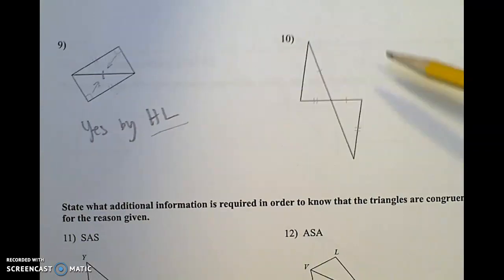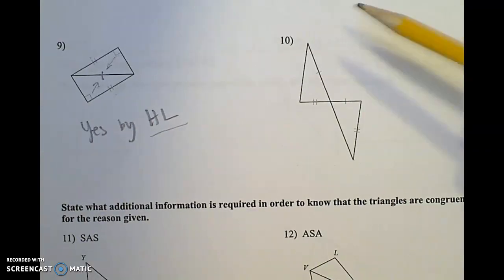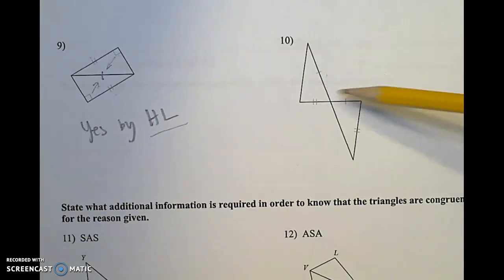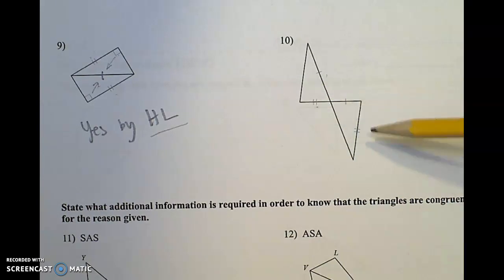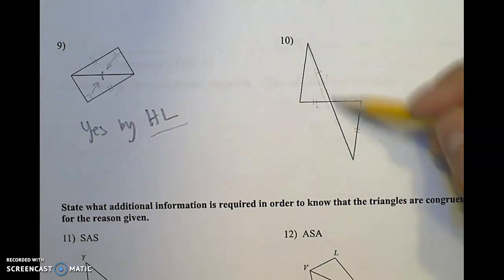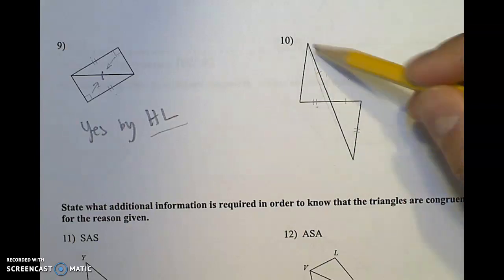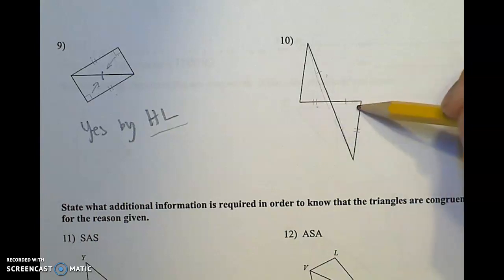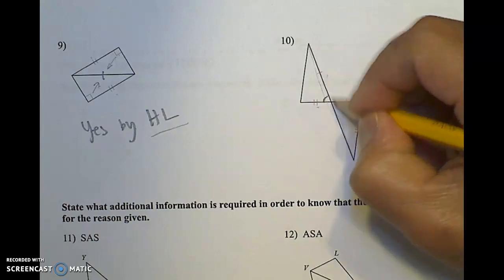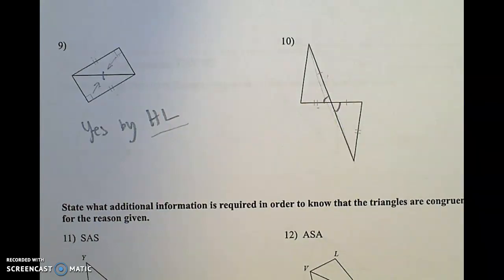Alright, number 10. You have a side from each. Another side from each. So that's all we're given, but again, we're looking at what else we can find. They don't share any sides, but we have this big old X here, and so we can mark up these vertical angles. So again, now we need to look at the arrangements.